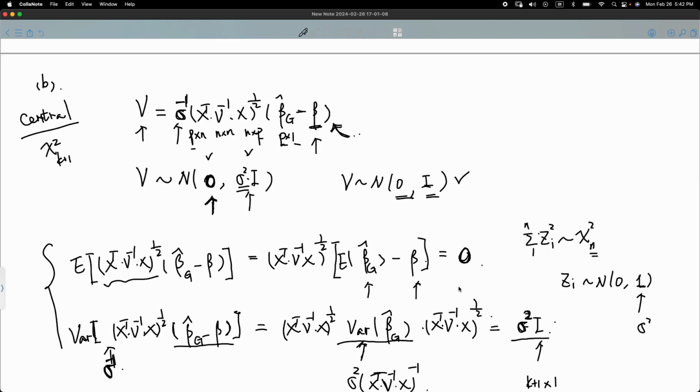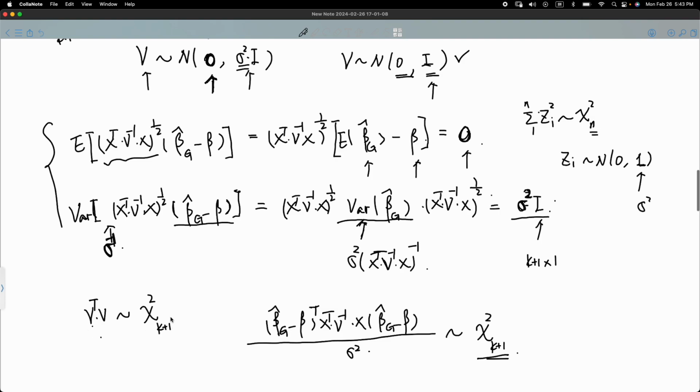Mathematically, you can see that in the end you will end up with 0. And then you also multiply by this to standardize the covariance matrix, to end up with an identity covariance matrix. Under this transformation you get your V, and then V transpose V will result in a chi-square distribution. This is the central version.